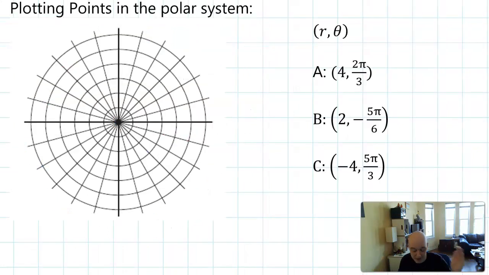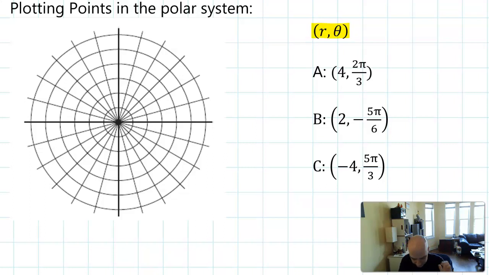All right, so going to a clean polar graph, here's how you plot points in the polar system. Every point is always of the form r, theta, and it's always in that order. And that can be confusing because of the way the angles come and the way the radii come. So you have to remember that they're always of the form r comma theta.